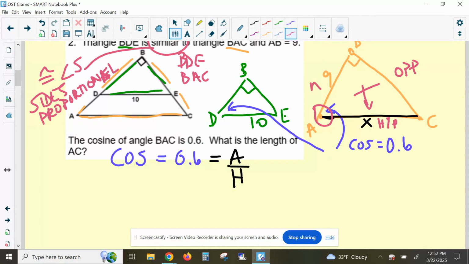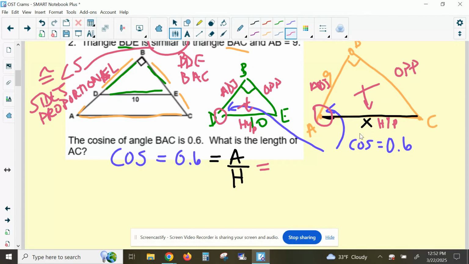And this is my adjacent, correct? Same thing if I label this one. This across from the right angle is my hypotenuse. Across from the angle I'm talking about is opposite. And this is adjacent. Okay, so we have adjacent over hypotenuse. So we have 0.6.